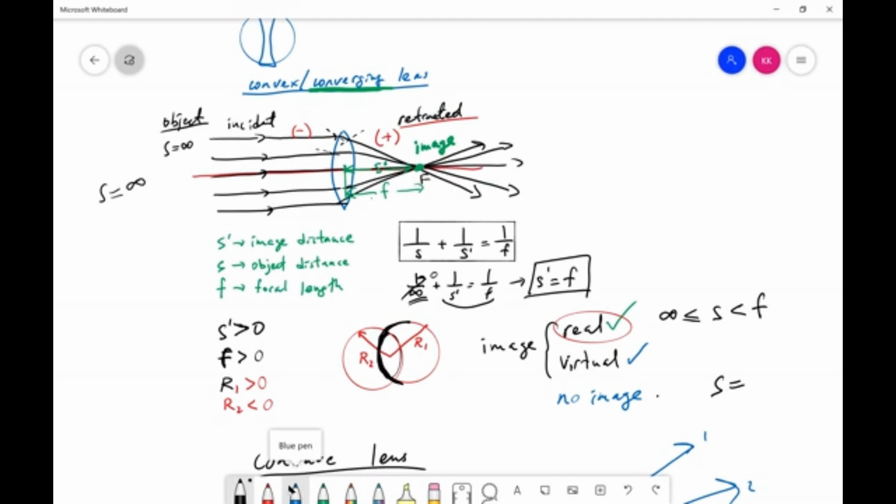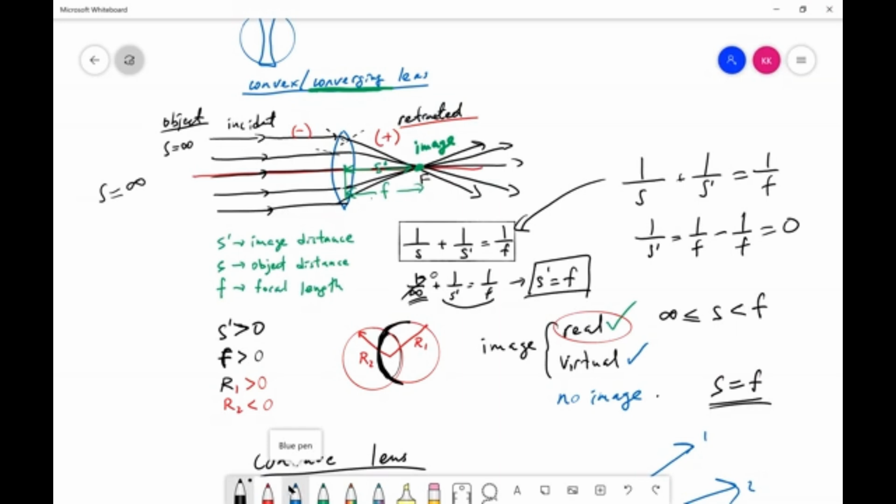When the object distance equals the focal length, let's see what we get. Let's look at this equation over here: 1 over object distance plus 1 over image distance equals 1 over focal length. Then 1 over image distance equals 1 over focal length minus 1 over object distance. But if the object distance is the same as the focal length, then this is 1 over f minus 1 over f, which is 0.